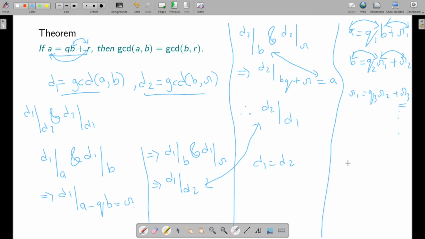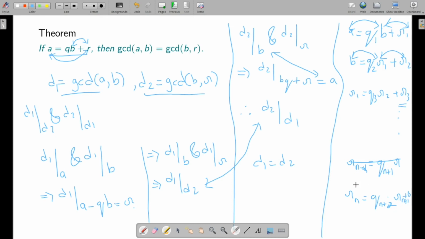First, let us write the stage, that is, Rn is equal to Qn plus 2 times Rn plus 1 plus 0.